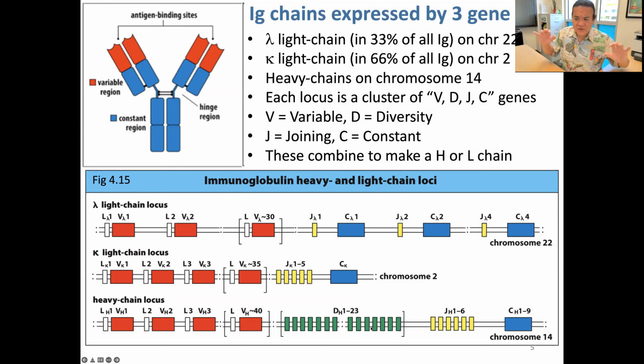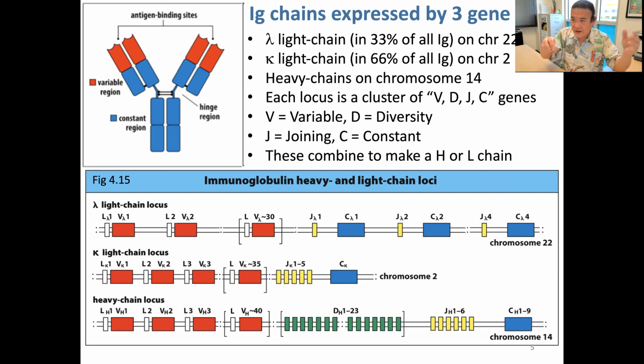I said that these are gene fragments. What do I mean by that? If you imagine a gene as a continuous stretch of DNA that's going to get transcribed into one continuous pre-mRNA molecule that then might get edited down further, you can think of these as different variations of different parts of a potentially long continuous sequence.